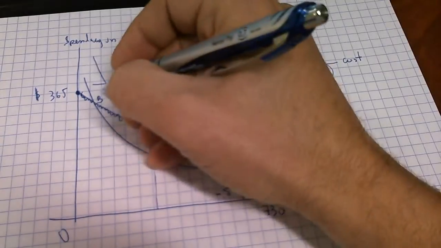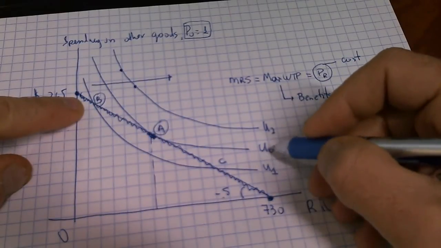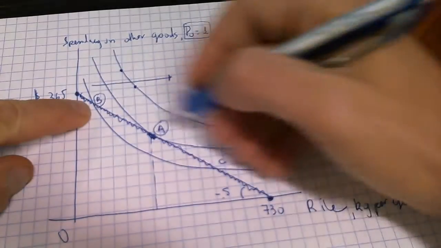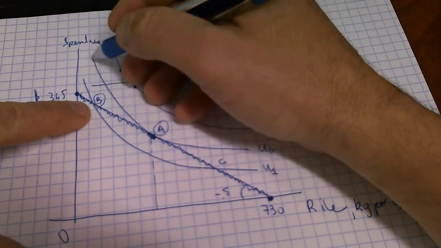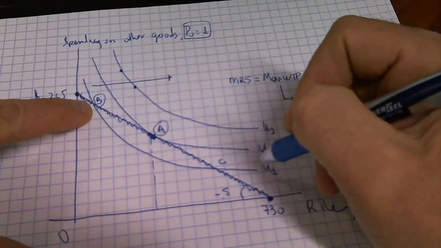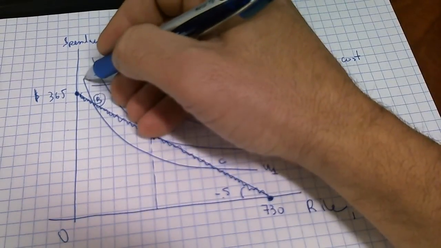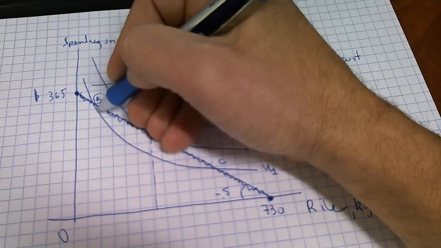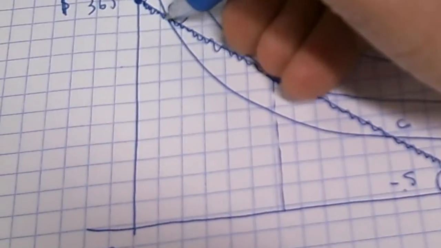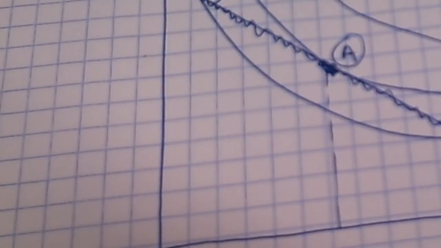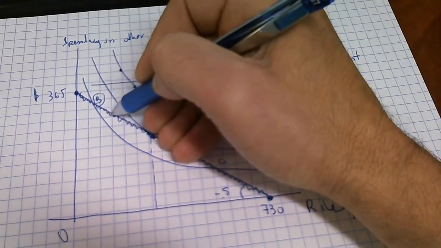B is not the optimum, as we said in class, for two reasons. First of all, B passes through a lower indifference curve, U1. U0 gives him more happiness, so B cannot be the optimum. At the same time, at B the slope of the indifference curve is steep. In other words, the consumer's maximum willingness to pay for an additional kilogram of rice is much higher than the cost, which is shown by the slope.